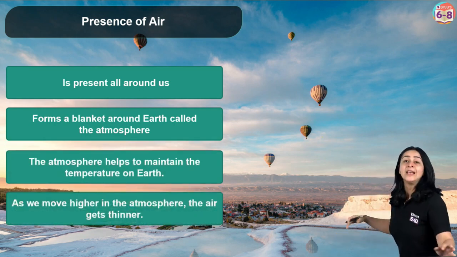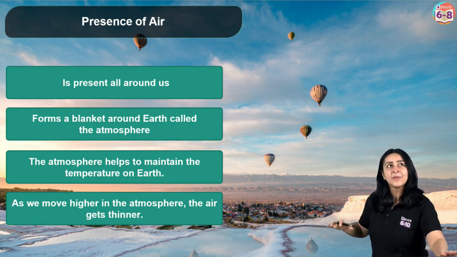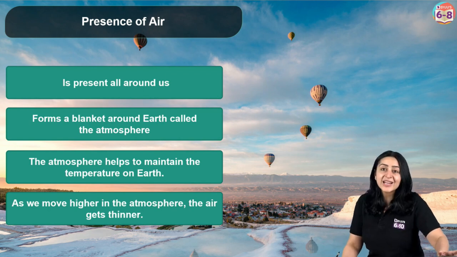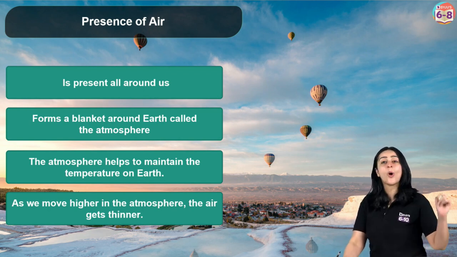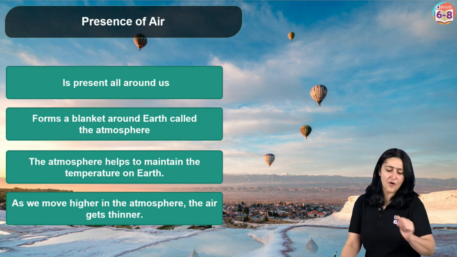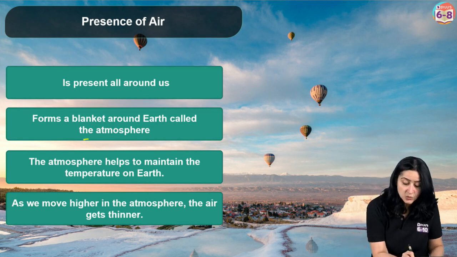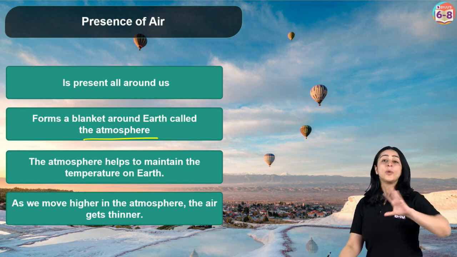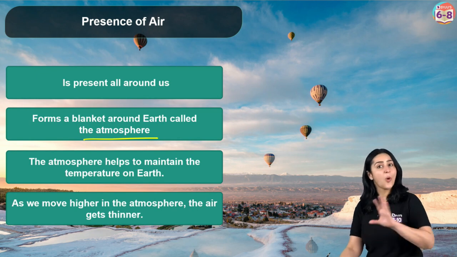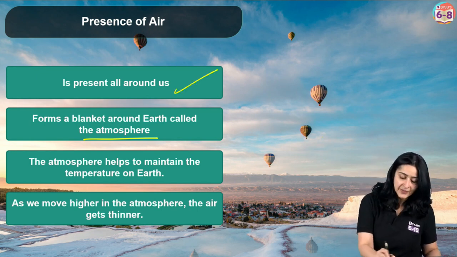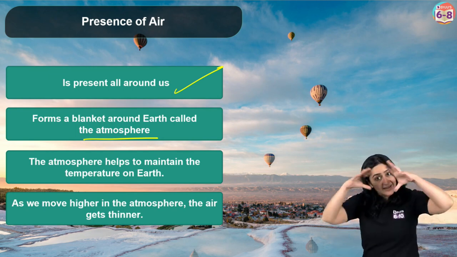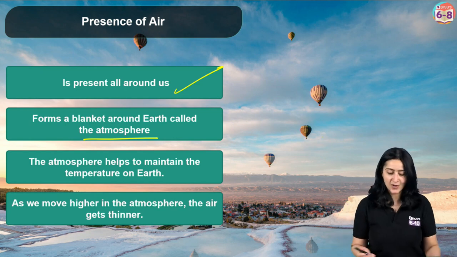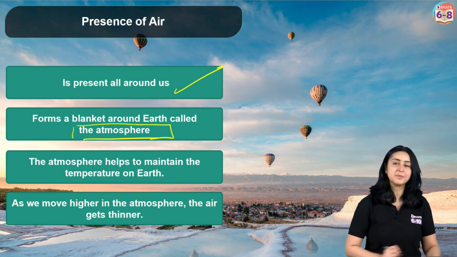And in fact, this air forms like a layer or a blanket around our planet, a blanket around our earth, and this blanket or thick layer of air that we find around our earth is what we call the atmosphere. So point number 1, we know that there is the presence of air all around us, even though we can't see it. We know that the entire planet, our earth, is surrounded with this blanket of air. And what is this blanket of air called? It is called the atmosphere.